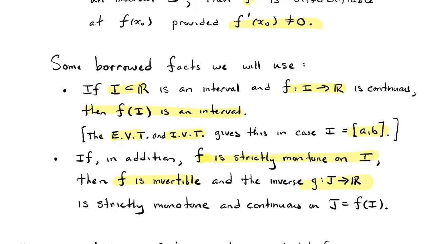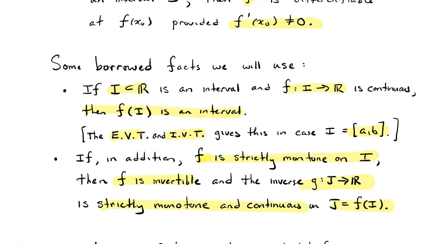And the inverse, which I'm going to denote by g here, g is just f inverse, so it would have the domain equal to the image of the interval I under f, that function is also strictly monotone and continuous. Okay, so that's something that I'm going to omit the proof of from this conversation, but in a nutshell, if my stammering made that hard to understand, I'm just saying that if you take a monotone continuous function, it'll have an inverse, and its inverse is also a continuous function.